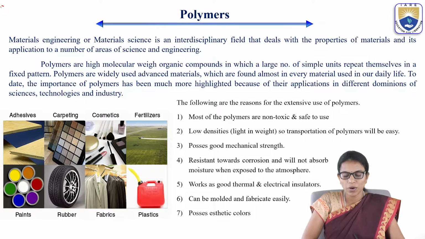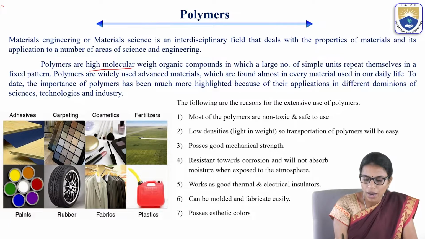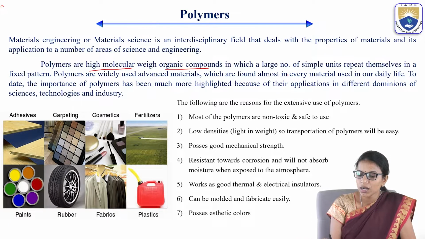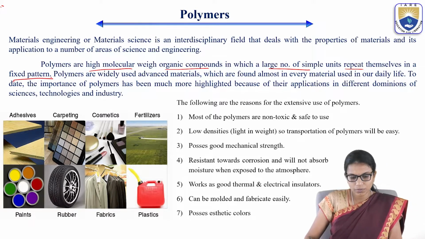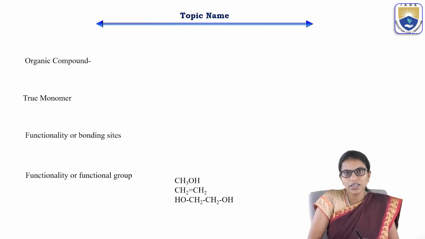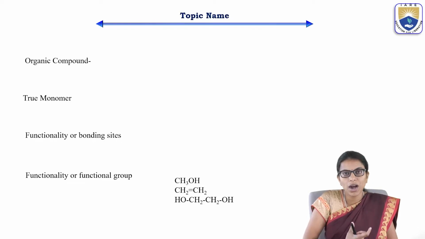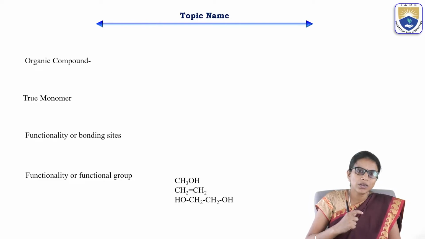Coming to the polymers, polymers are high molecular weight organic compounds in which a large number of simple units repeat themselves in a fixed pattern. High molecular weight means it contains a high molecular weight, and organic compound means it is made of organic compounds.